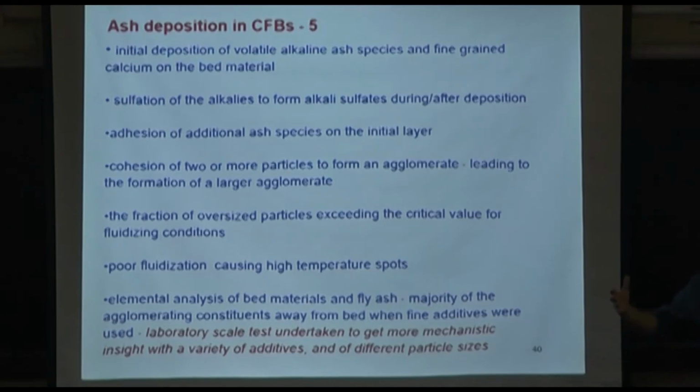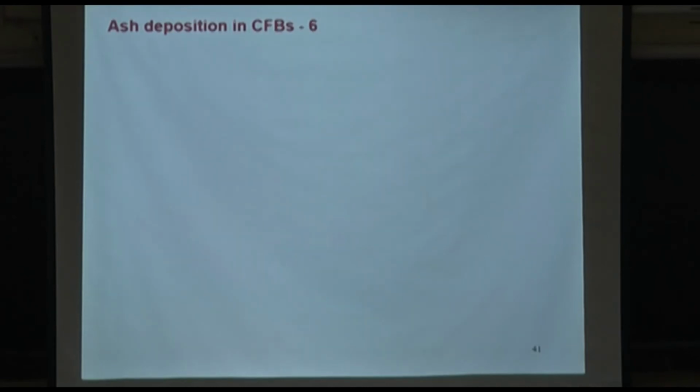So they were becoming very big, and eventually after a certain time they became so big that they could not be fluidized anymore. So that stopped it. So we found the reasons, and then we overcame it. So that was a success story.